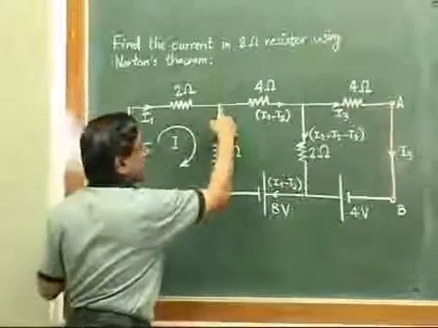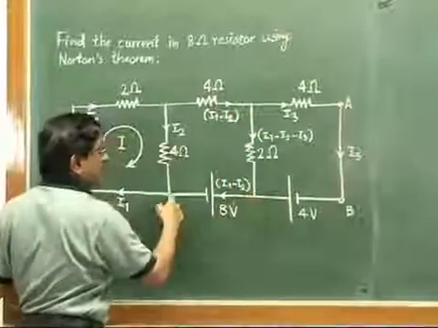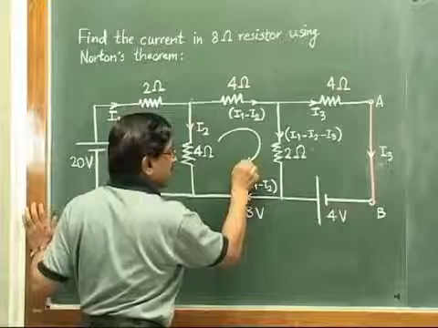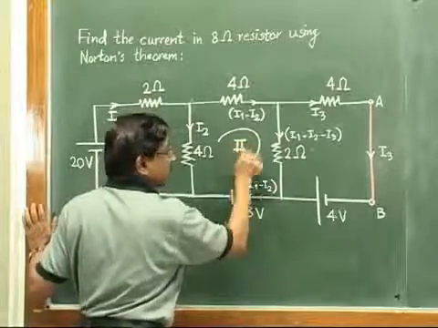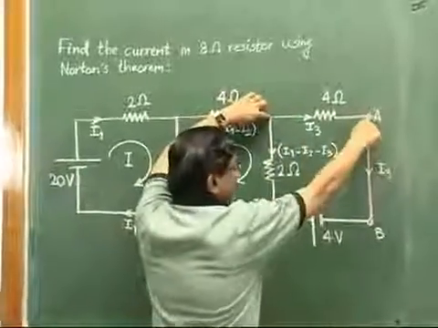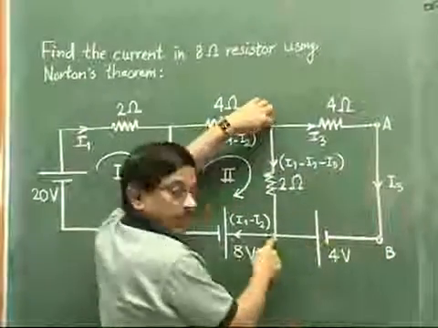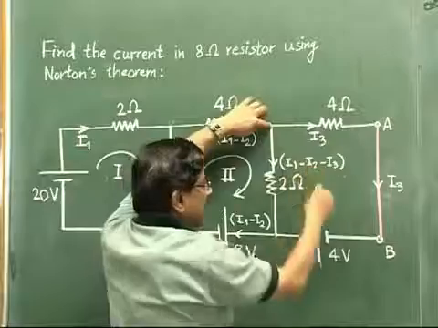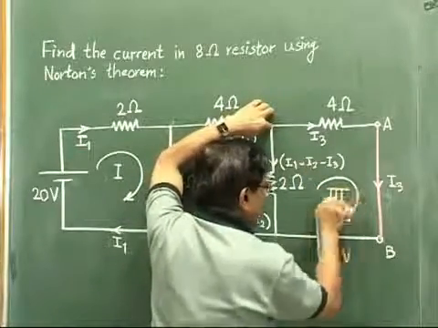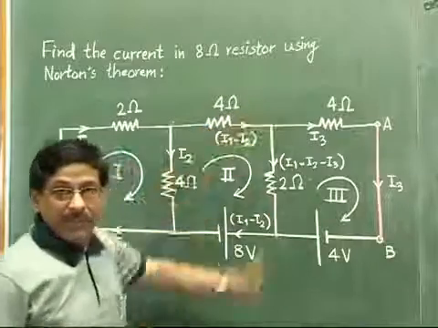Then this middle one from this point here down left and again to the top original point, we consider that this is our loop 2. And then for this point here, A to B, then B back to this point and upwards, we consider that this is our loop 3. So we have identified 3 meshes like this.